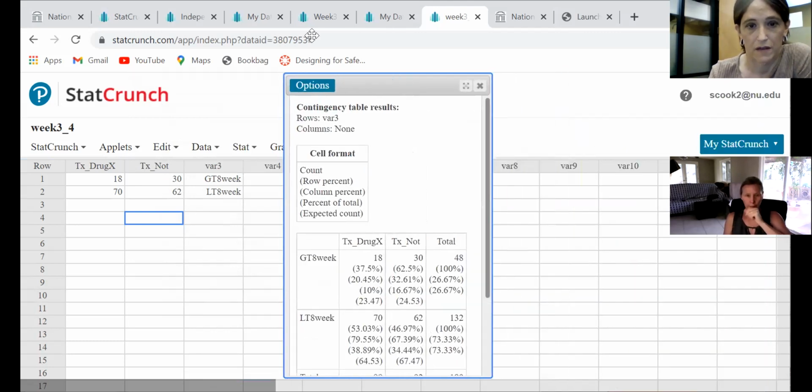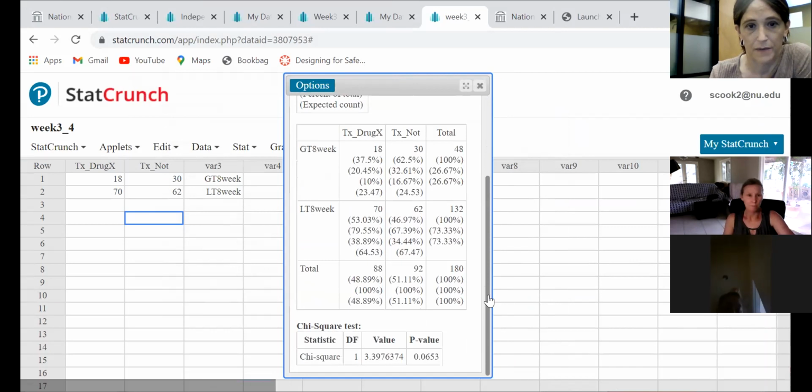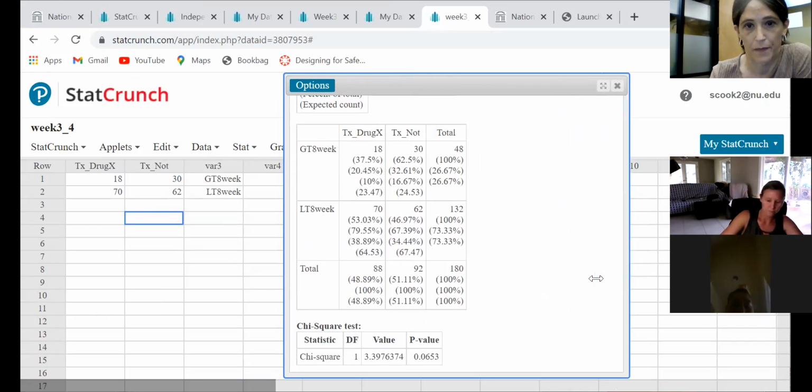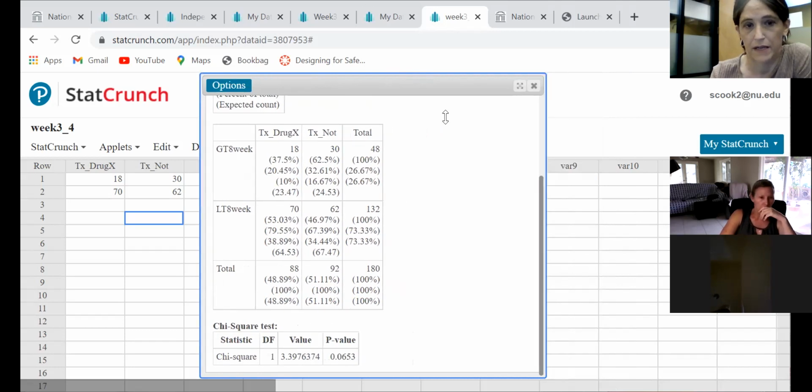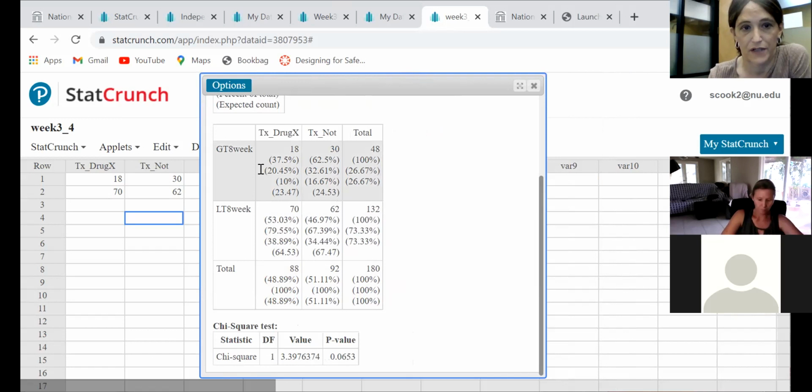And you'll see here, it gives me a 2x2 table with my statistics, my chi-square statistics. And the way you read these tables, you've got your row percent, your column percent, percent of totals, and then the final value in each cell is the expected count, which your text goes over.